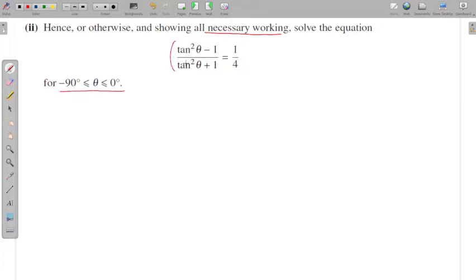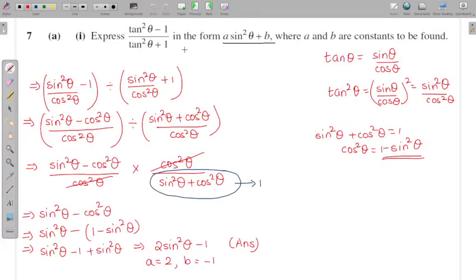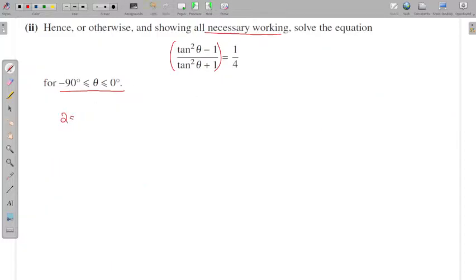So now instead of writing this, we can use this relationship, which is 2 sine squared theta minus 1. So 2 sine squared theta minus 1 is equal to 1 over 4. So that is for this range from minus 90 all the way to 0.